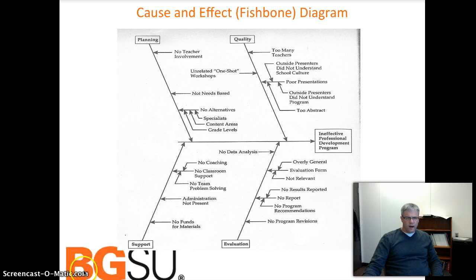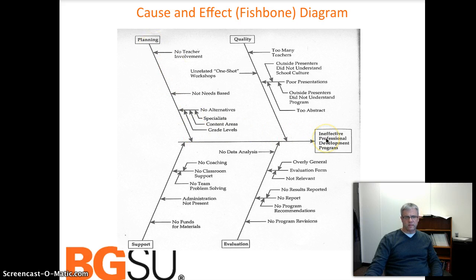And then we have these other kinds of areas, these smaller pieces that led to this. These are the causes, right? So no teacher involvement in the planning process, not needs based. We didn't take the time to figure out whether it was part of what we needed or not. And so all of this goes into the planning piece.